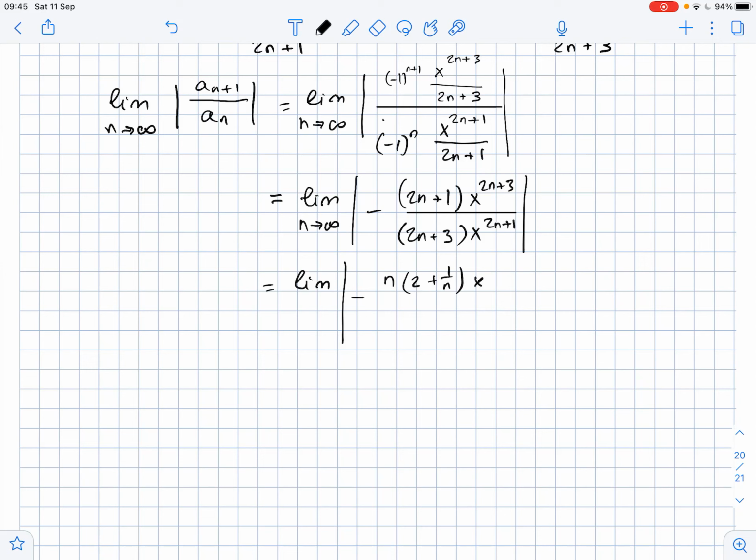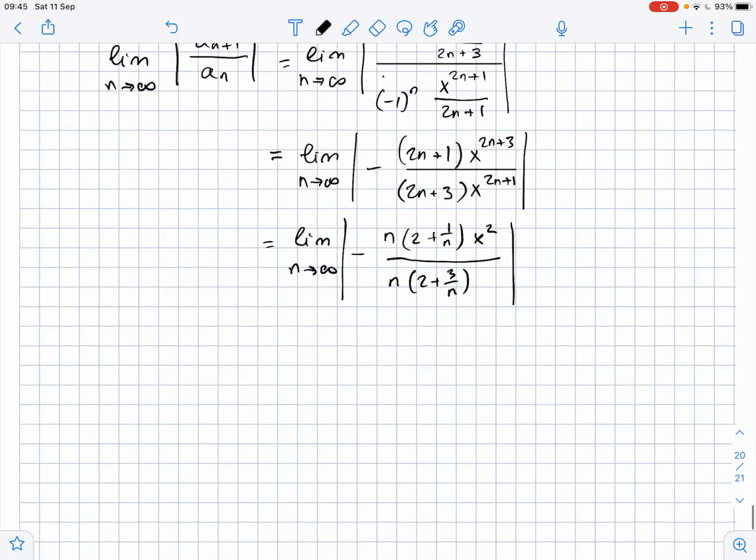This equals the limit of the absolute value of negative n times 2 plus 1 over n times x squared over n times 2 plus 3 over n, where n approaches infinity.